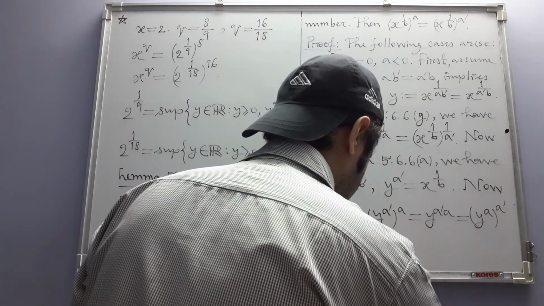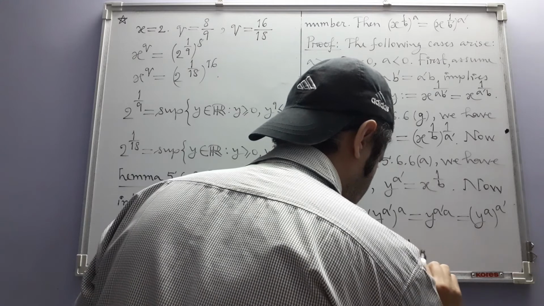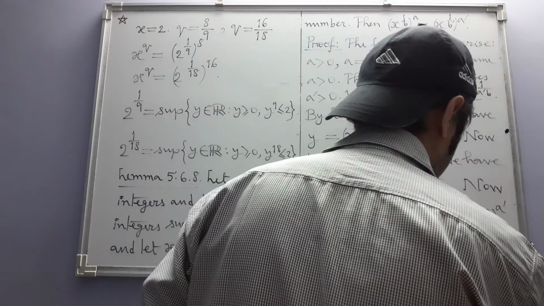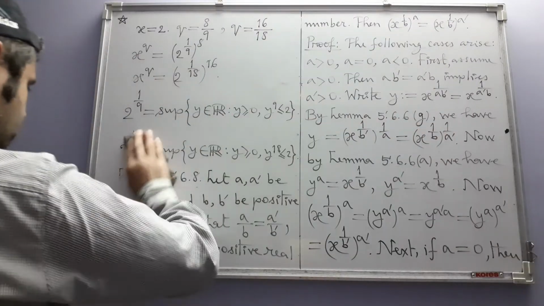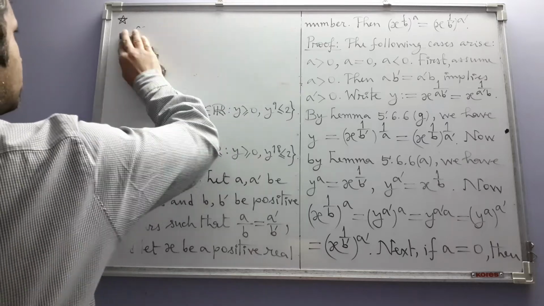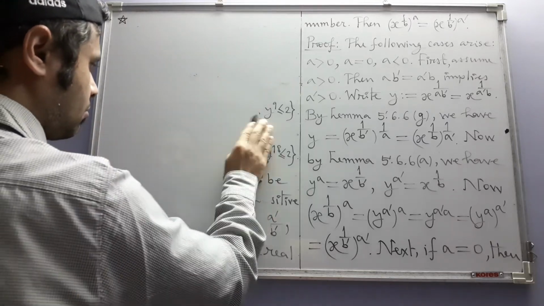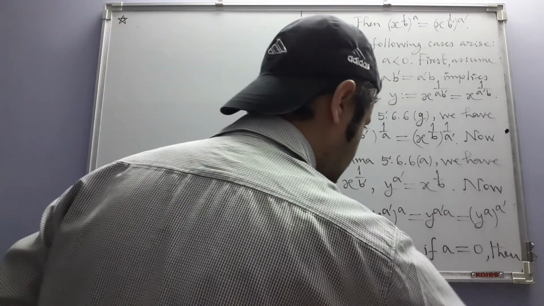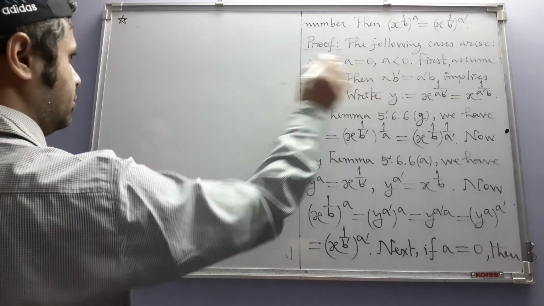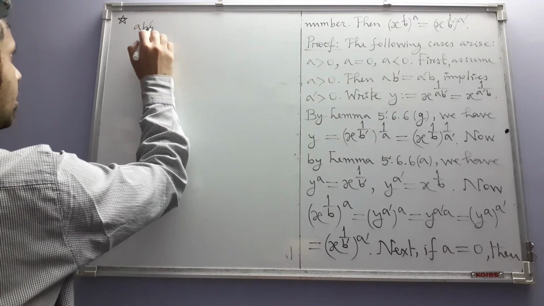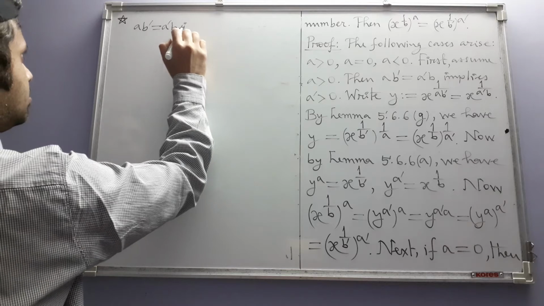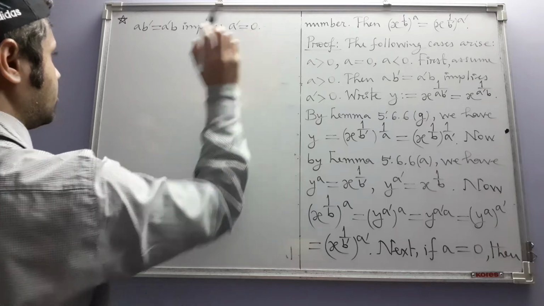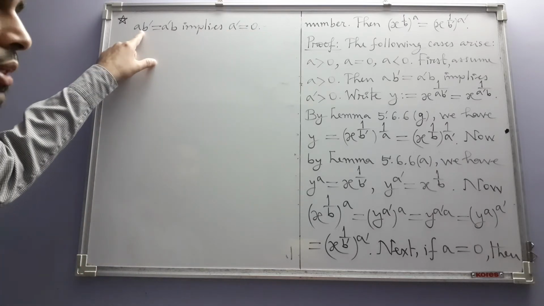Okay, next, if a is equal to 0, then again we use this equation, a b prime equal to a prime b implies a prime is also equal to 0. a is equal to 0 means the left hand side is 0.